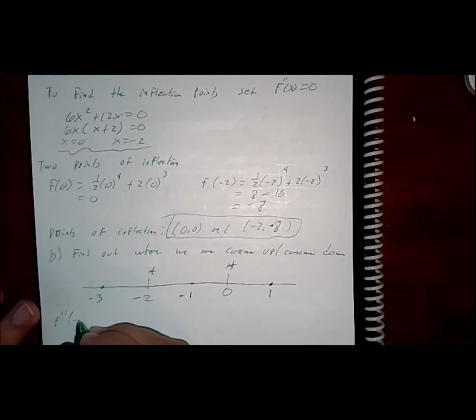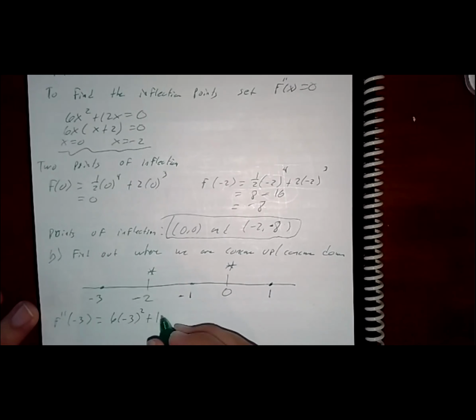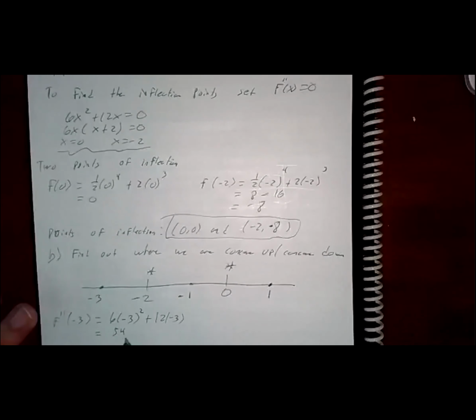The second derivative at -3 will be 6 times -3 squared plus 12 times -3. That'll be 9 times 6, that's 54, minus 3 times 12, that's 36. Is that right? That's going to be positive, and that's all that really matters.